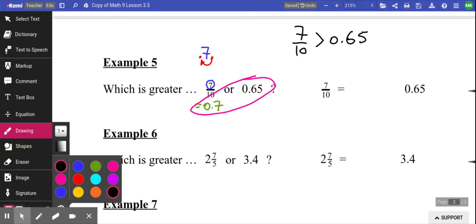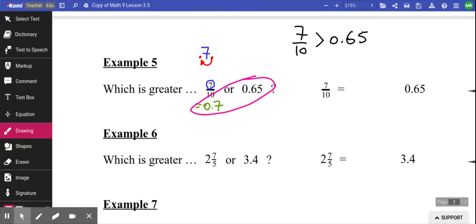No question about it. You could try to turn that decimal into a fraction and then reduce that fraction so that it's equivalent. But that's probably harder, especially for that one.